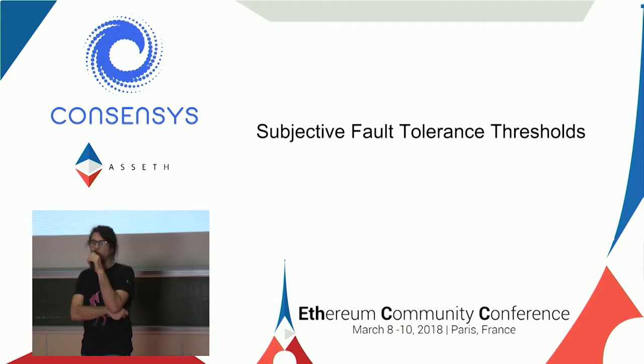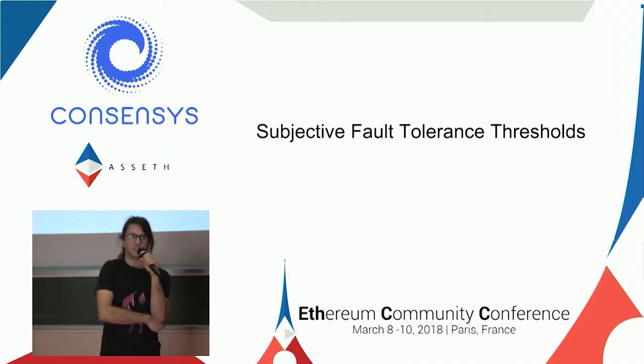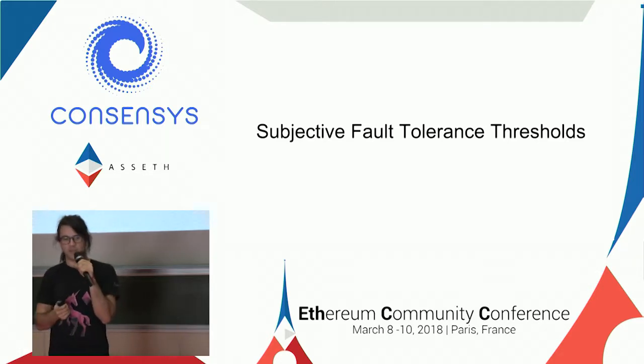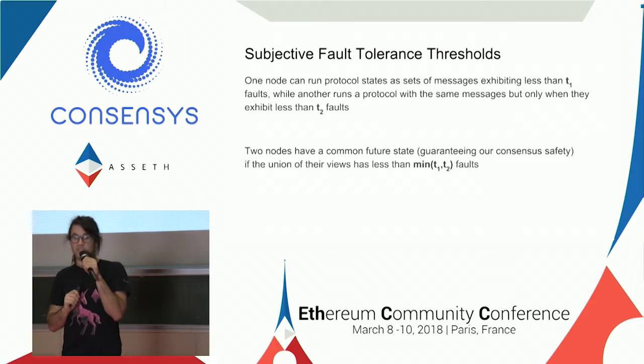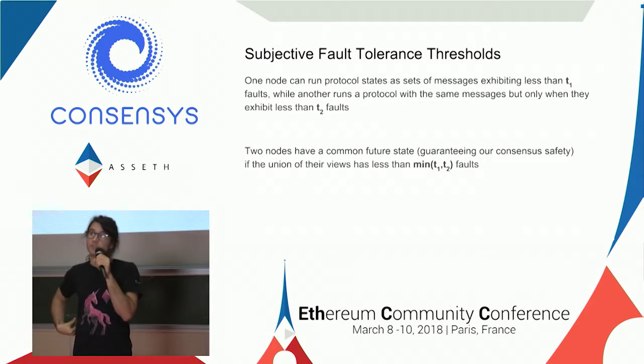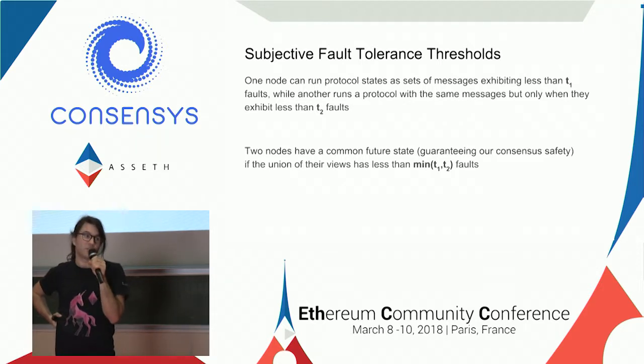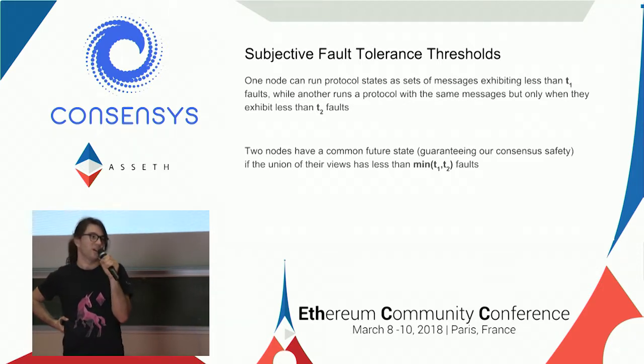All right. Well, subjective fault tolerance thresholds. One of my favorite things in consensus protocols, which I've been fighting for as long as I knew it was an idea or an aspiration, but which I can finally do very reliably. Subjective fault tolerance thresholds means that the fault tolerance I have when I'm running the consensus protocol and the one you have when you're running it are not the same.